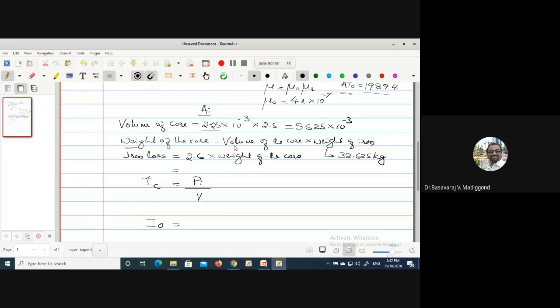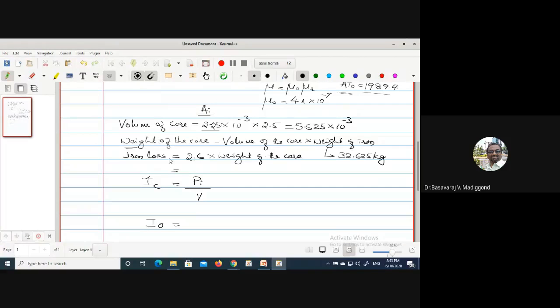Isn't it? So the volume of the core is 5.625 into 10 raised to minus 3 into the weight of the iron. What is the weight of the iron? 5.8 into 10 raised to 3, isn't it? So 32.625 kg is the weight of the core.